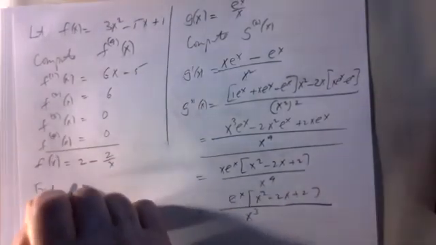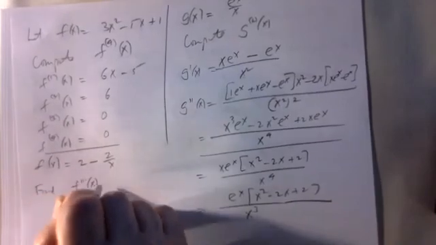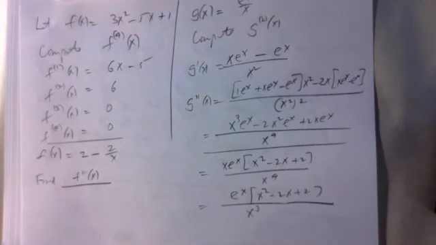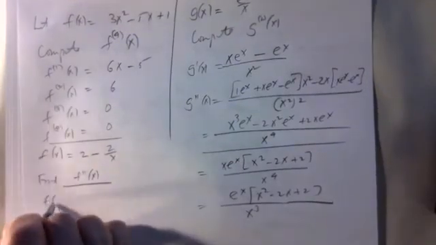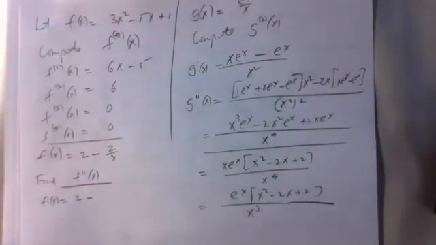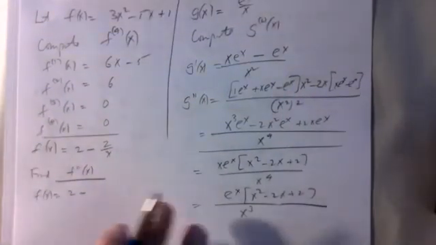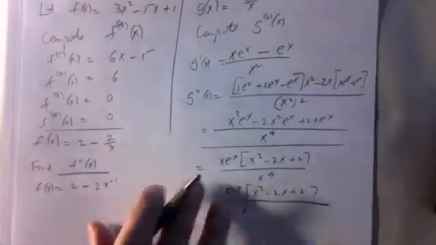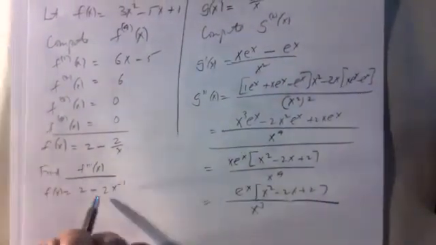Find the third derivative. Okay, so let's see. For f of x, I could use the quotient rule, but it's a little bit more complicated than it needs to be. This is really 2 minus 2 times x to the power minus 1.